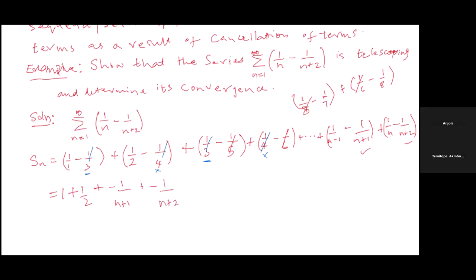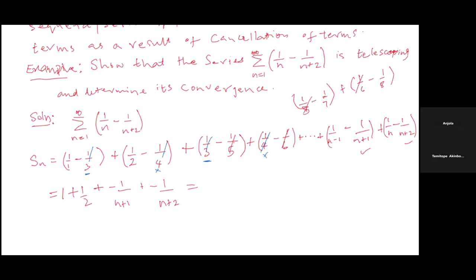Not really. Okay, look at each of these brackets. In the first bracket, it is the second entity in that bracket that cancels out the first entity in the third bracket. The second entity in the second bracket cancels out the first entity in the fourth bracket. And that trend now continues to cancel out. Do you get that now?